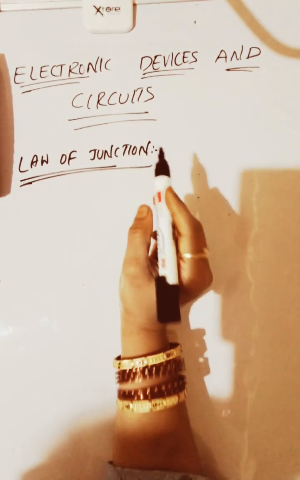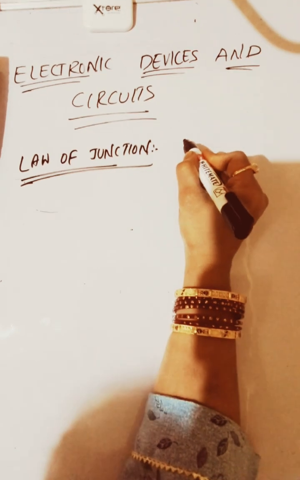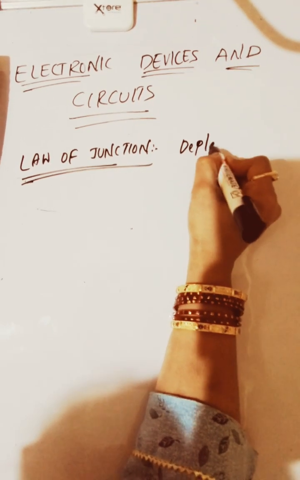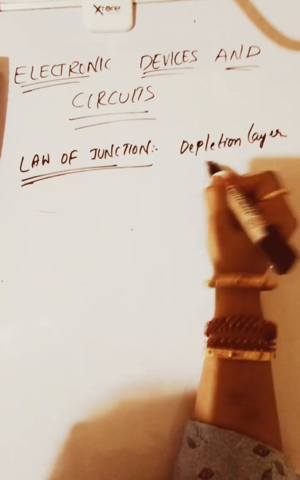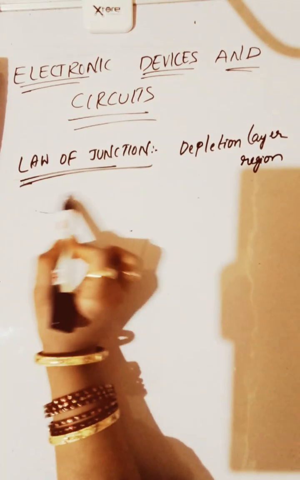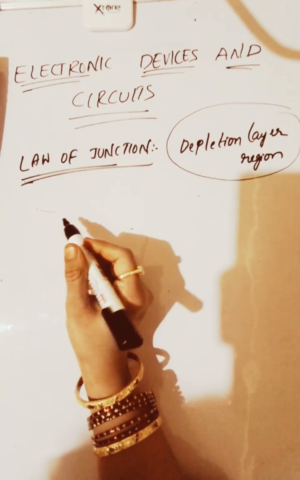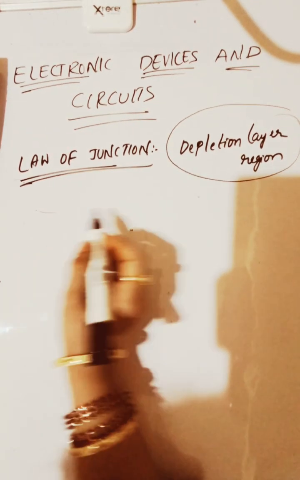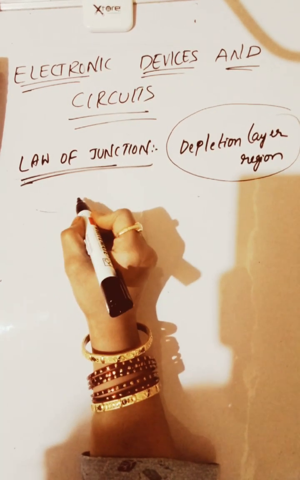Let us discuss. This whole topic comes under the depletion layer, or depletion region. The entire law of the junction is discussed within the depletion layer. Here the concentrations at the edges of the depletion layer are PP and PN for P and N type materials.